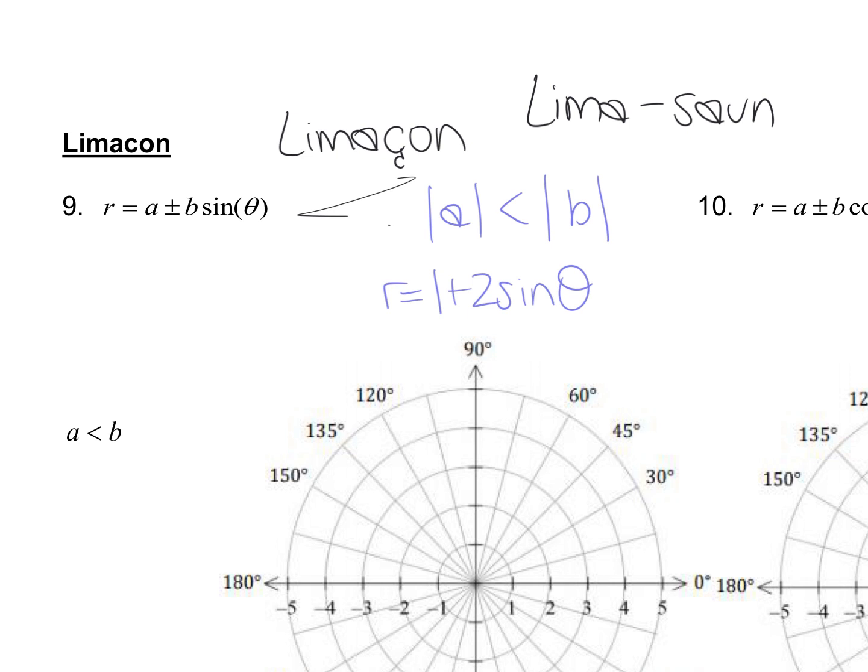If you take your absolute value of A plus your absolute value of B, this is how far out it goes. These ones have what is called an inner loop.